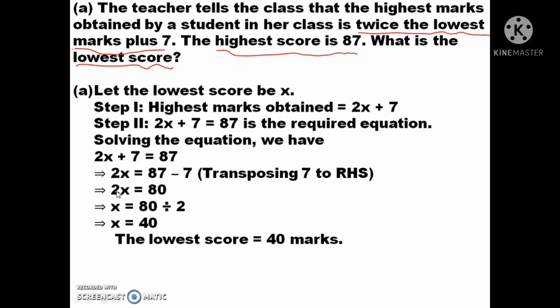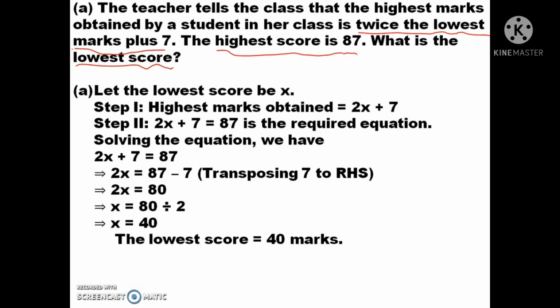So how will you take this 2 into to the other side? It becomes division. x is equal to 80 by 2. That is 40. So what did you get as the final answer? The lowest score is equal to 40 marks.